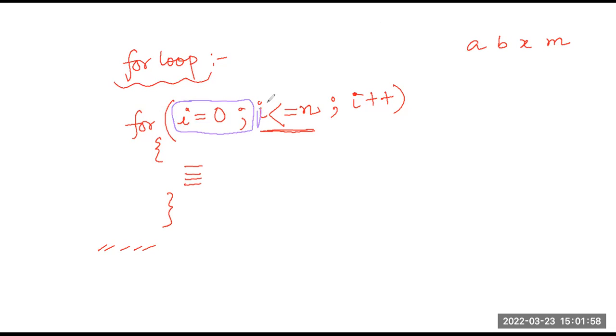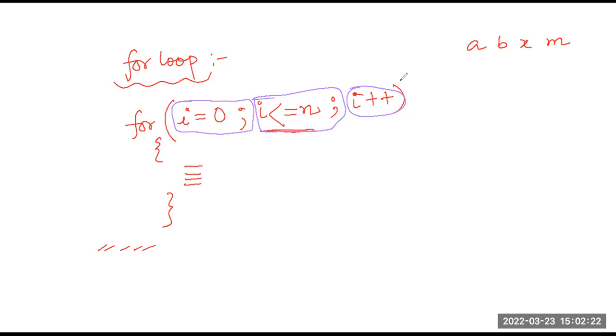This is the logic portion, semicolon, and this is the increment or decrement portion. Three portions are there in a single for loop construct. First time the loop variable is initialized, and it will initialize only once.